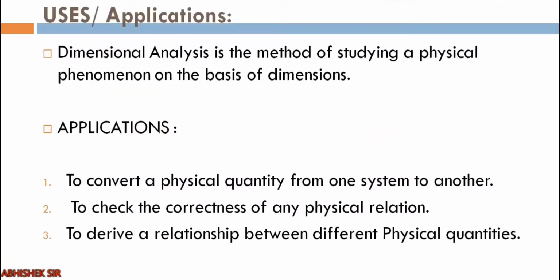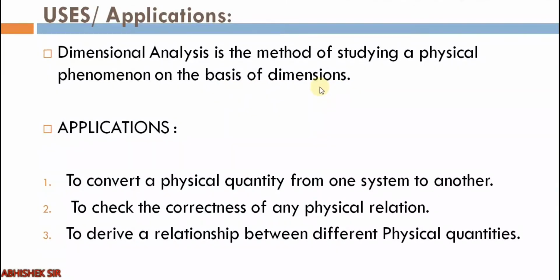Clear? Now, the uses or applications of dimensional formula and dimensions, right? There is a method in which we use dimensions and dimensional formula. That method or process is called dimensional analysis, right? It is a method of studying a physical phenomenon on the basis of dimensions.